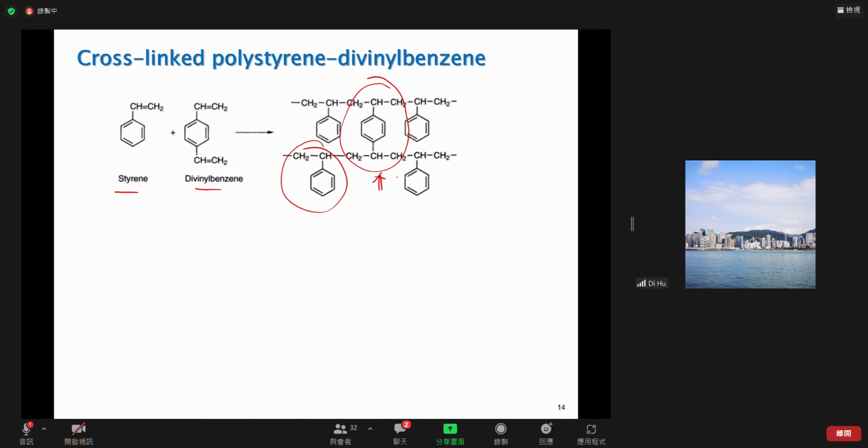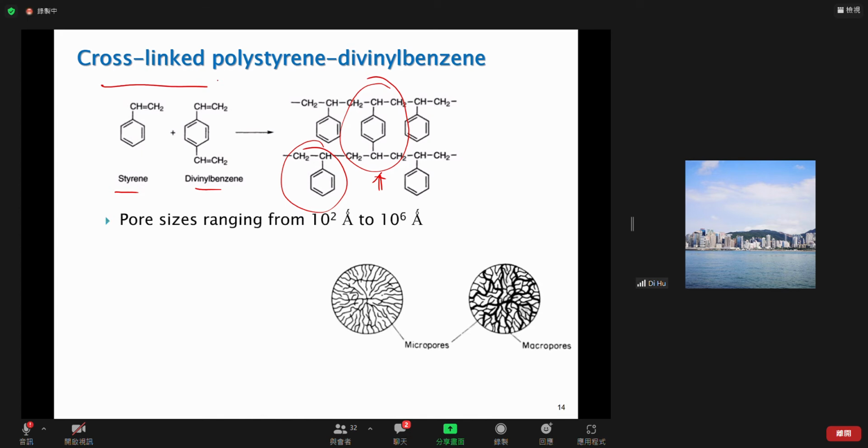So it really determines that. Cross-linkage gives well-defined pores, and that's why you can manipulate it. Its pore size has a much wider range than the silica-based particle.